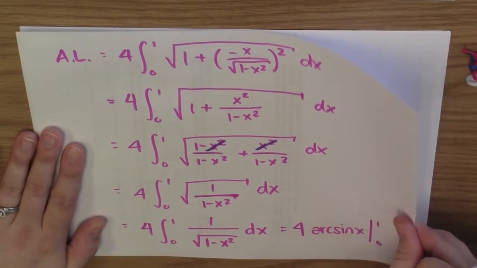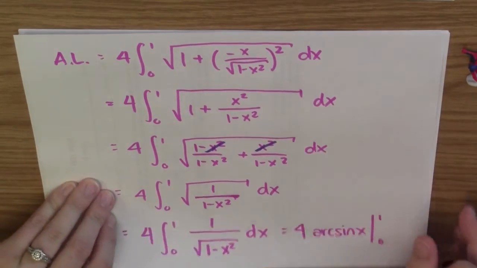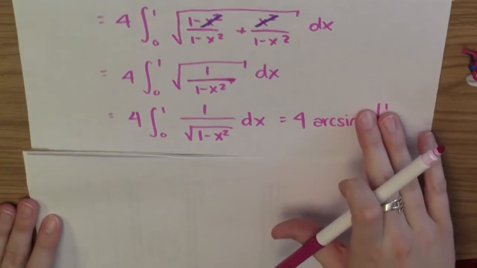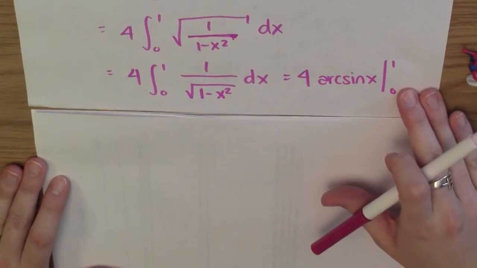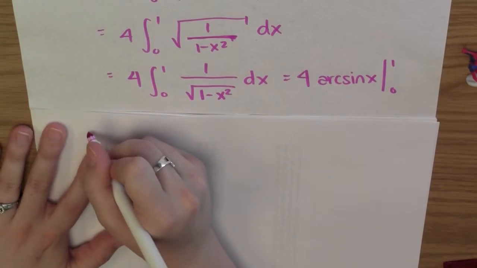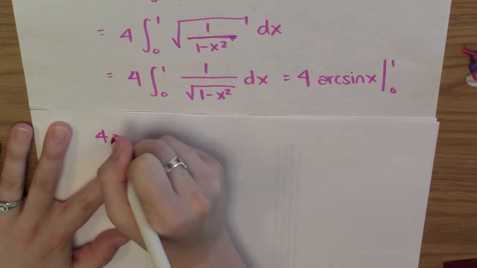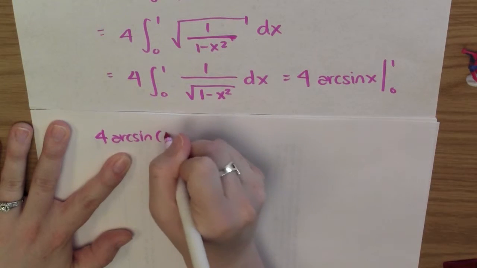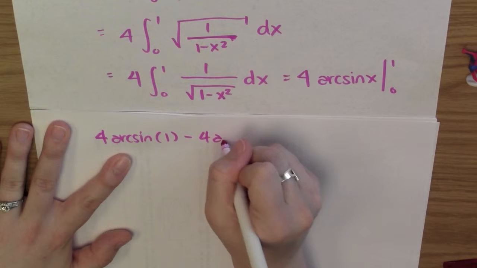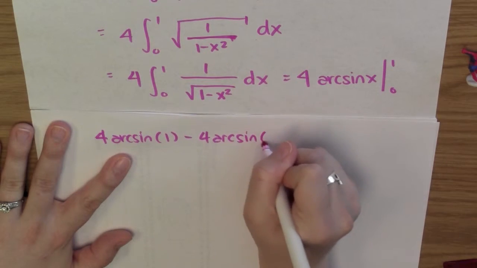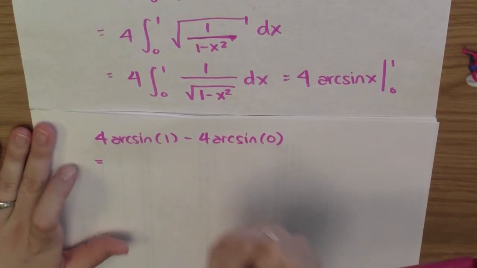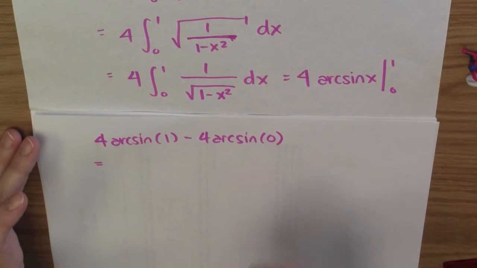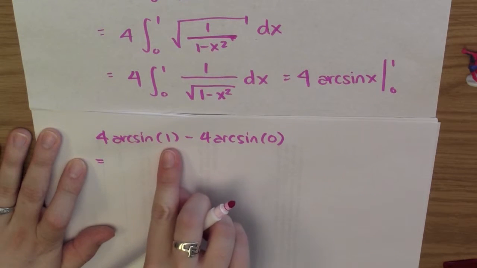Okay, so let's evaluate what we're getting here. I have 4 times the arcsine of x, evaluated from 0 to 1. So 4 times the arcsine of 1 minus 4 times the arcsine of 0. When I evaluate arcsine, I have to think about what value of sine would give me this thing.